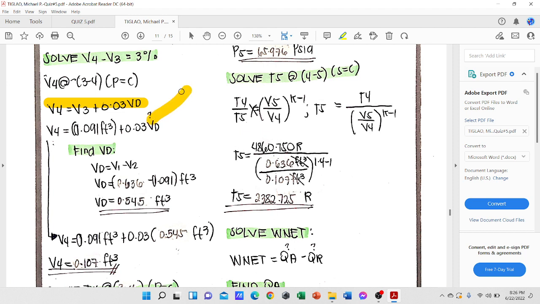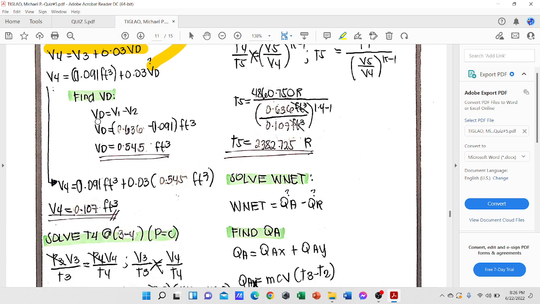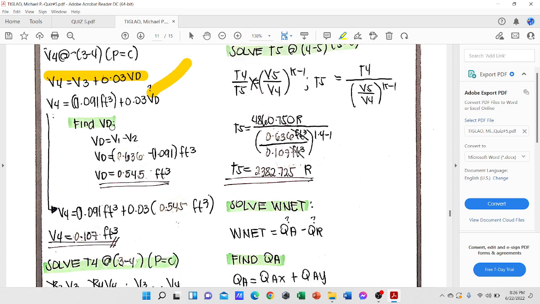So, let's find the value of VD first. We have a formula for VD: VD is equal to V1 minus V2. Our V1 is 0.636 minus 0.091 cubic feet. Then, our VD is equal to 0.545 cubic feet. So now we can get the value of volume 4.